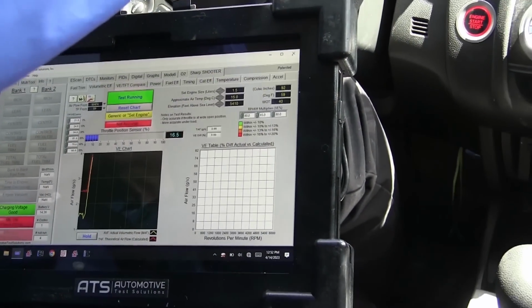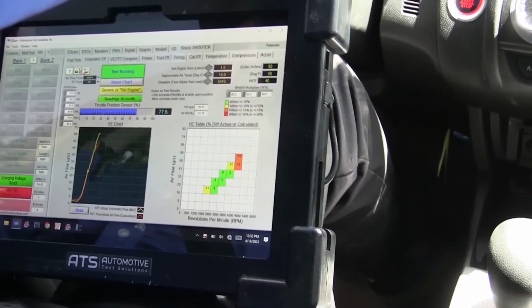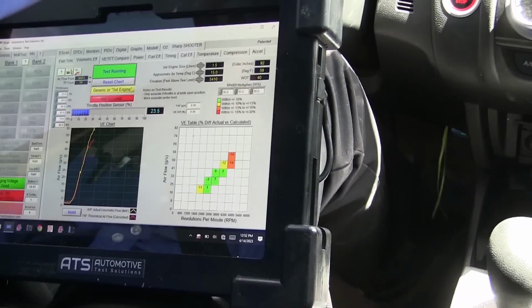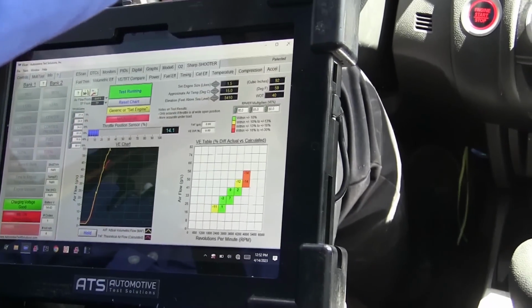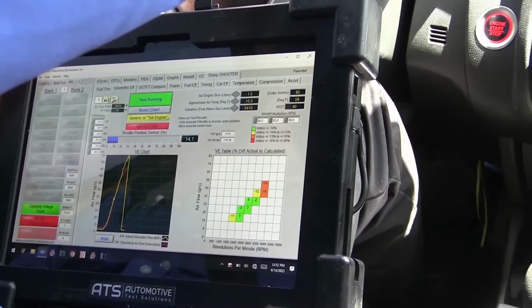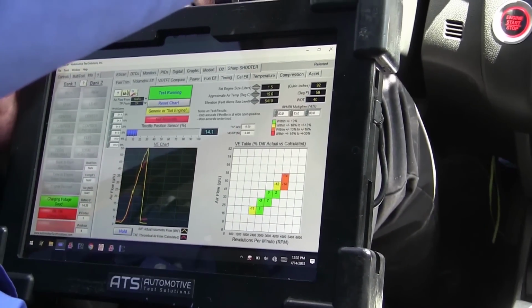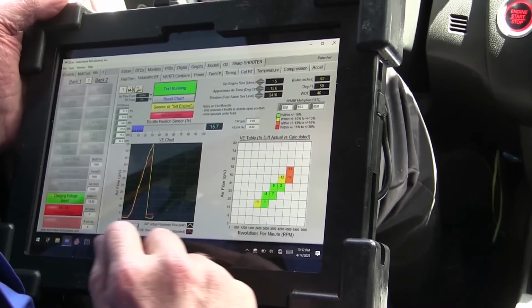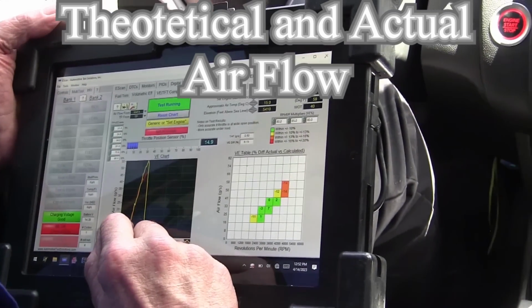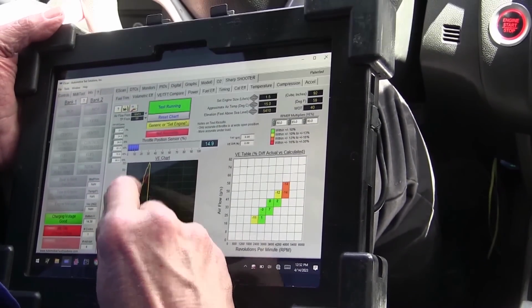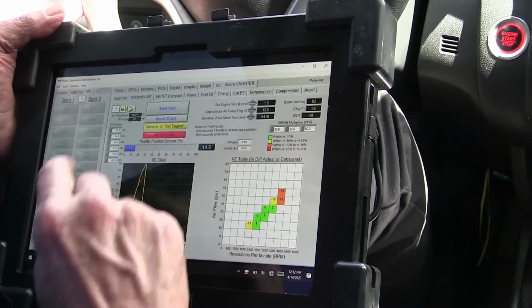you want to just start to step into the throttle, roll in really quick. So we let it pull up. And we can see that these two traces, theoretical and the actual, came up and they ran together.